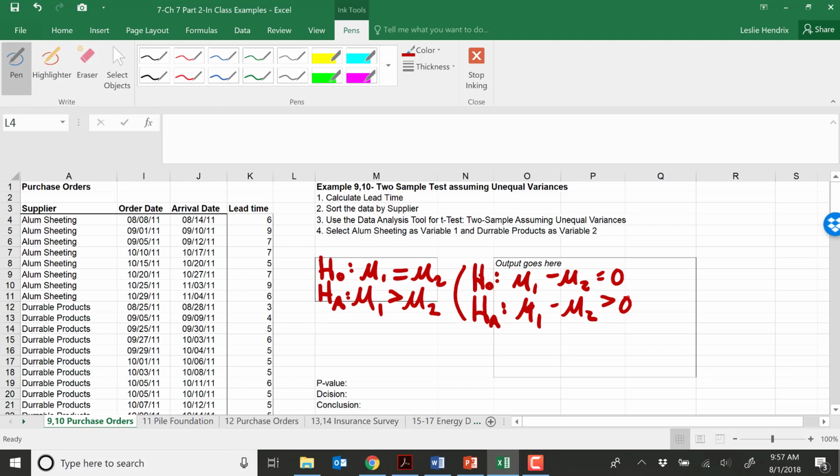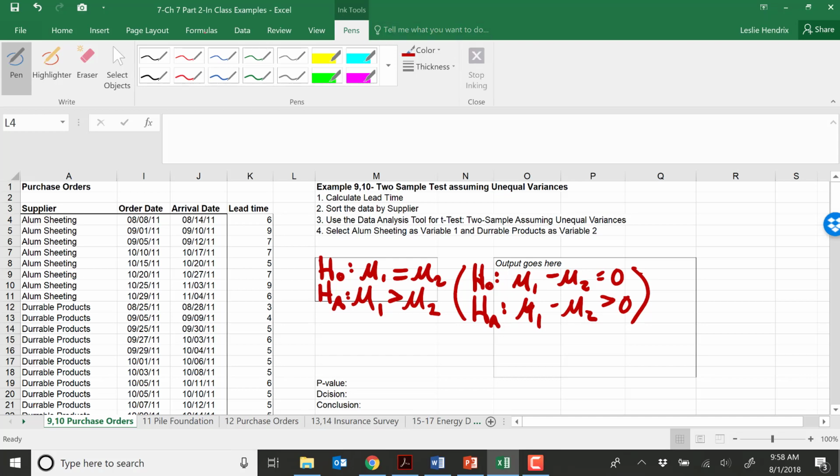All right, so we need to conduct our hypothesis test. Notice that we've already sorted the sheet so that the suppliers will be grouped together. So we've got alum sheeting here on the top and durable products next.